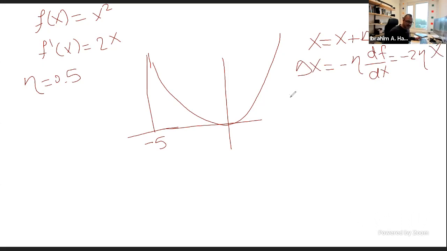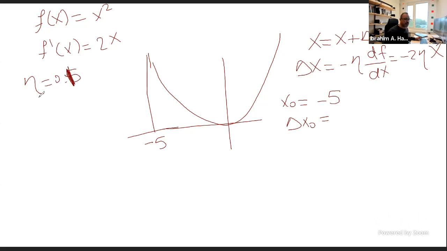So I selected x0 by random equal -5. So in this case, delta x0 will be -2 times 5. It will be 10 times 0.5. Sorry, we can select eta equal just 0.1 to make some steps.